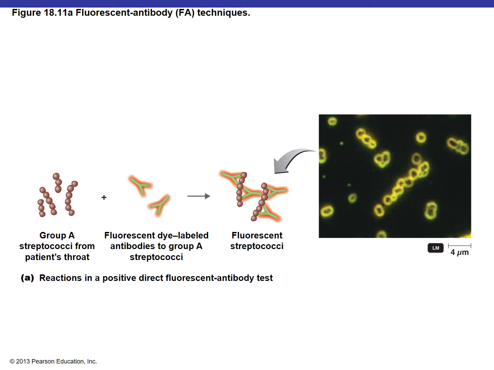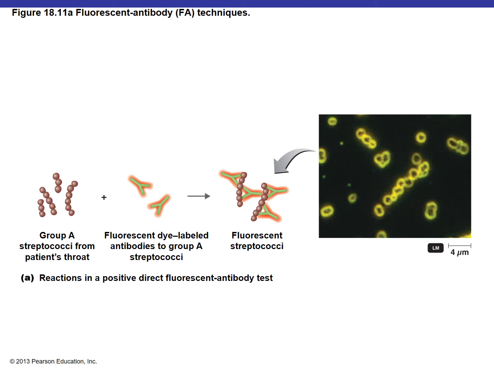Okay, so here, if somebody has group A streptococci, like Streptococcus pyogenes, in their throat, you take the sample, and then you use a fluorescent antibody that is specifically raised against that particular species. It's specific for it, and it's coupled to a fluorescent dye.